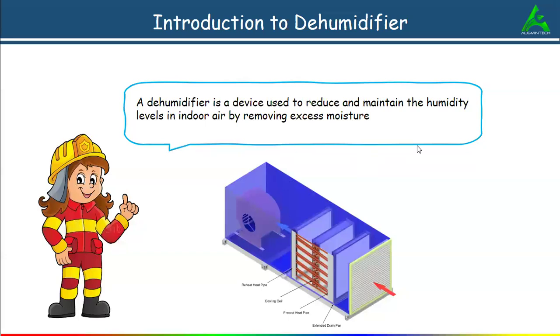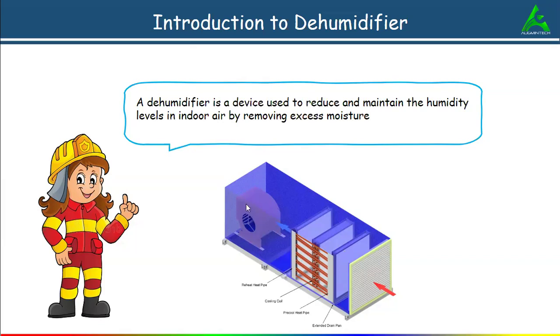So now we will see this topic. A dehumidifier is a device which maintains the humidity level indoors by removing the excess amount of moisture. This is an air handling unit.